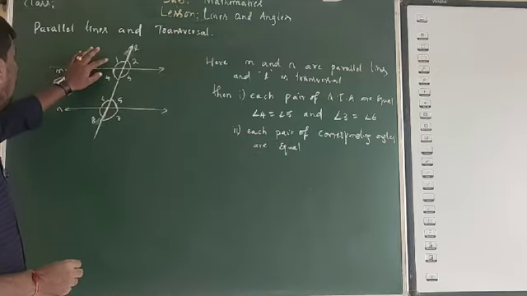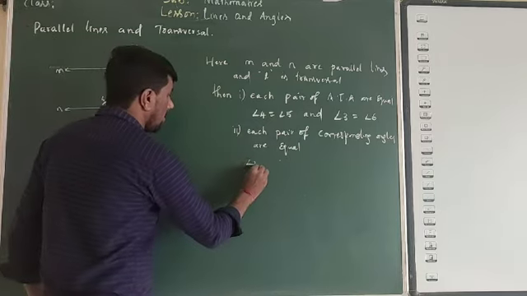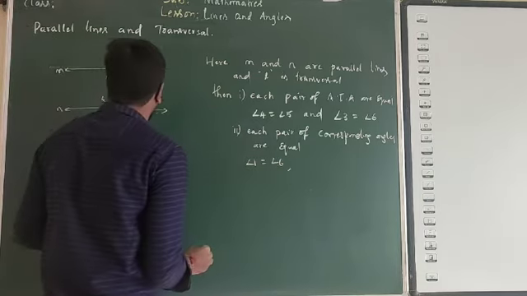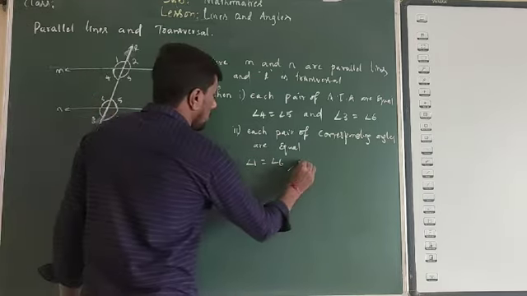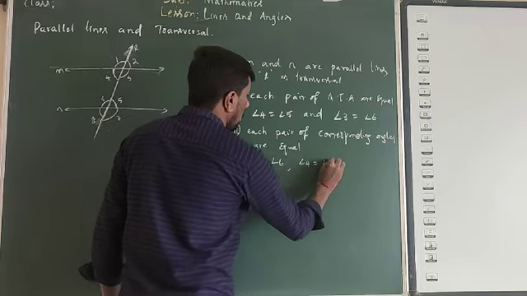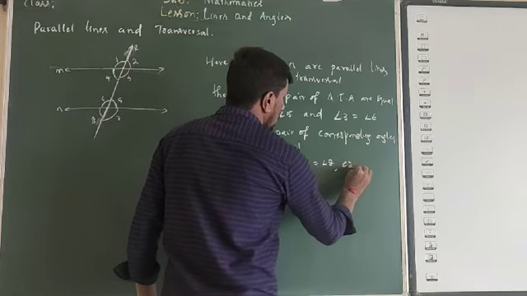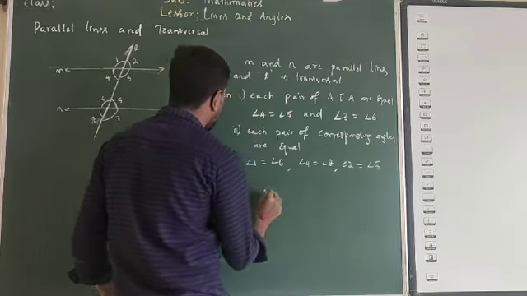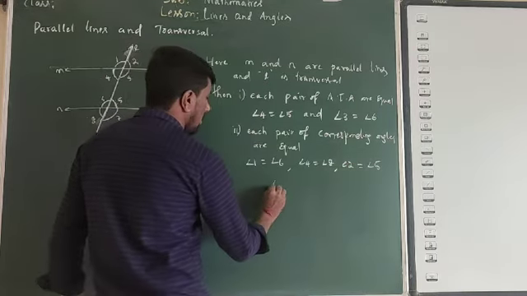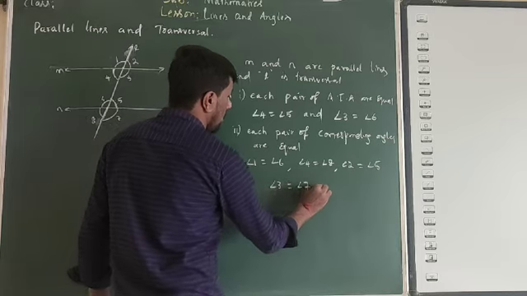What is that? Angle 1 and angle 6 are equal. Angle 4 and angle 8 are equal. Then angle 2 and angle 5 are equal. Fourth one, angle 3 and angle 7: angle 3 is equal to angle 7.